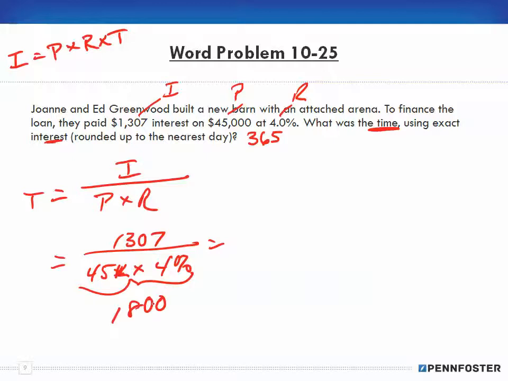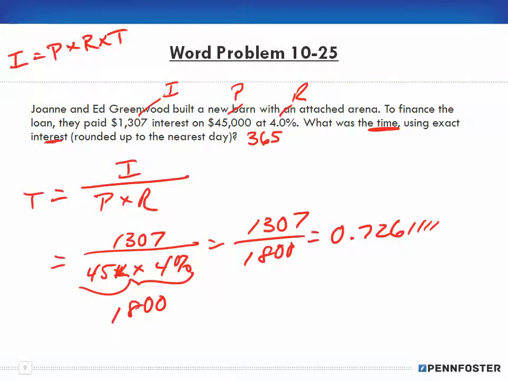If I take 1307 and divide it by 1,800, that ends up being 0.7261111.